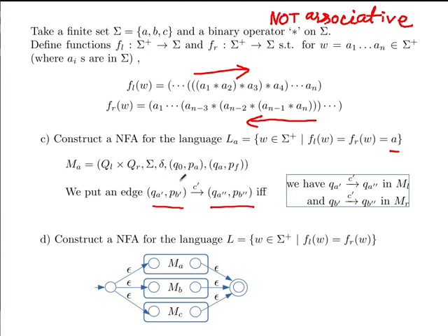And what will be the start state? The start state for this ML and MR, right? This was the start state for MR, and this is ML. So their pair is the start state here. And what is the final state? In MR this was the final state, and in ML this was the final state.